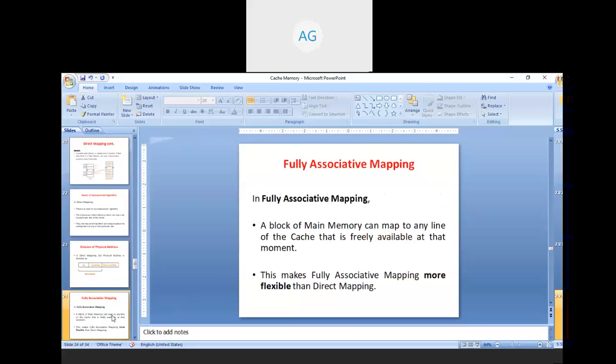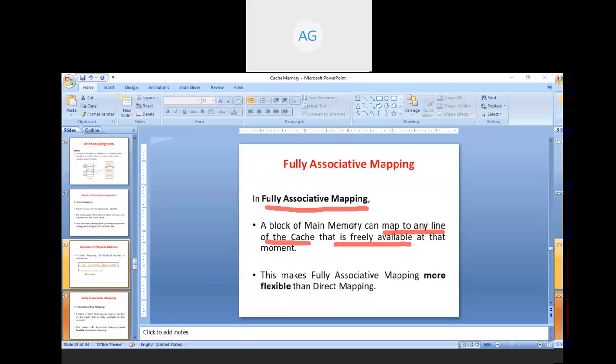The next type of memory mapping technique of cache memory is fully associative mapping. In fully associative mapping, a block of main memory can map to any line of the cache, not to a particular line, as we already discussed in direct mapping. It can map to any line of the cache that is freely available at that moment.